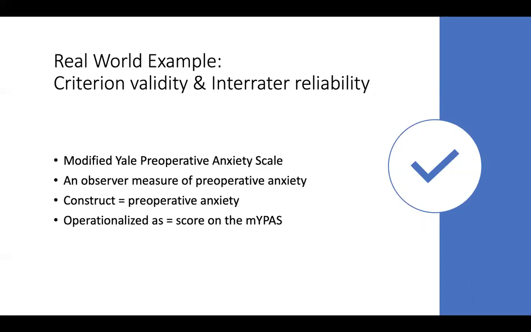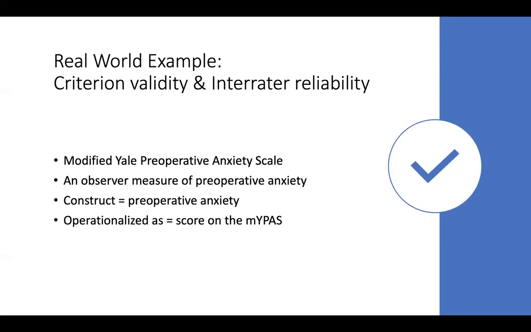This is mentioned a little later in your chapter on surveys. And so this is the Yale Preoperative Anxiety Scale, the mYPAS. The M is because it was modified after it was constructed. So they call it the mYPAS. When I was working at Yale in research, we did a lot of studies that used this measure.